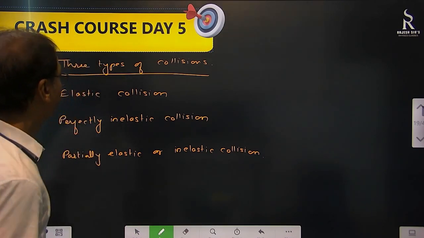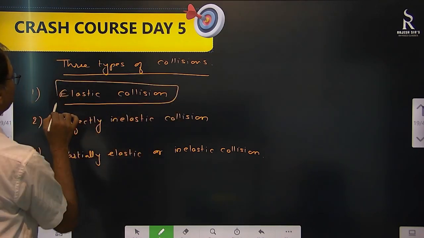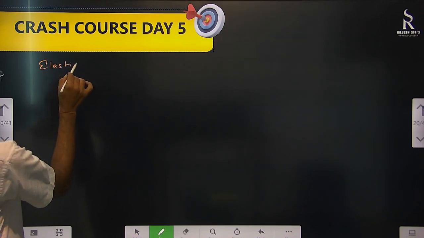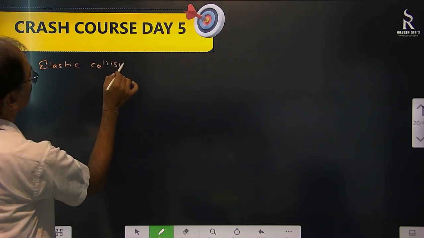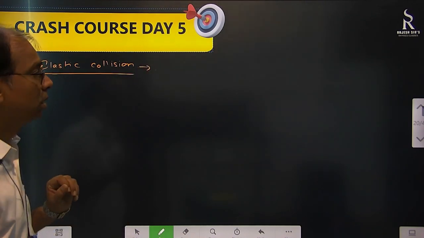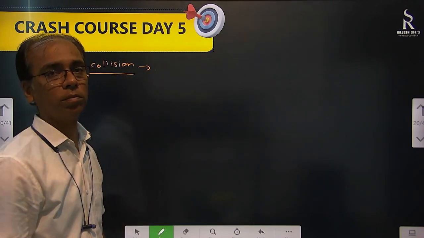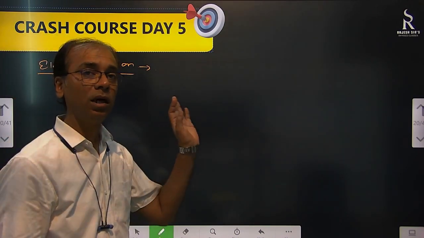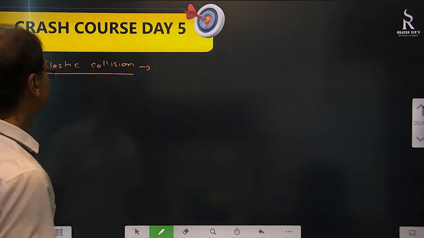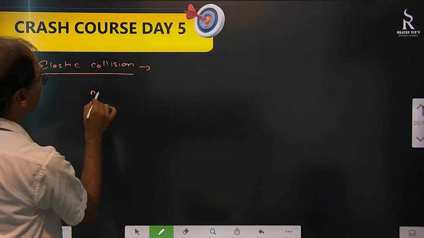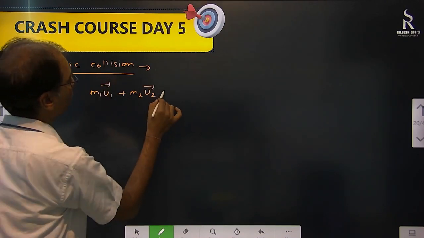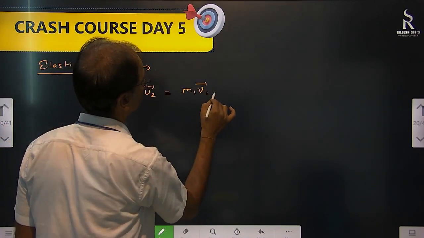But other than that, when you're talking about elastic collision, what happens? In this collision, kinetic energy is also conserved. Whatever the kinetic energy is before collision, after collision the kinetic energy is the same. So in this one, yes, momentum is conserved. We can say m1 u1 plus m2 u2 equal to m1 v1 plus m2 v2.